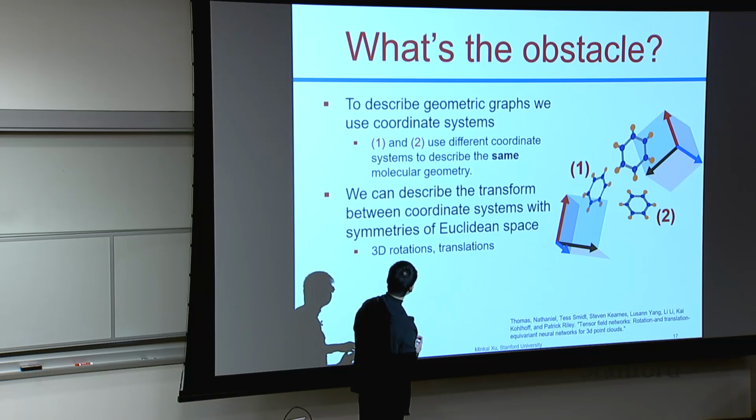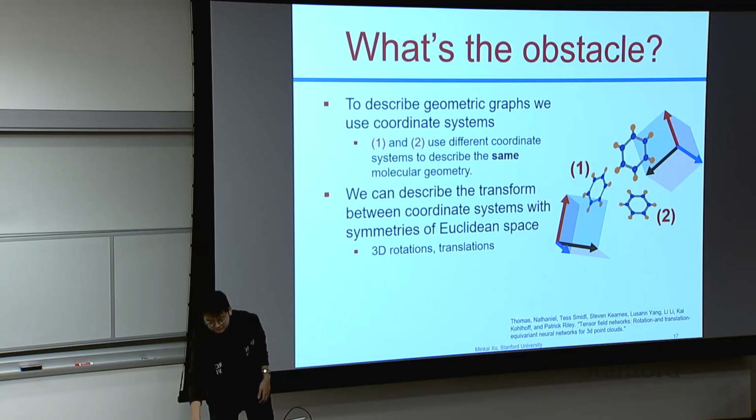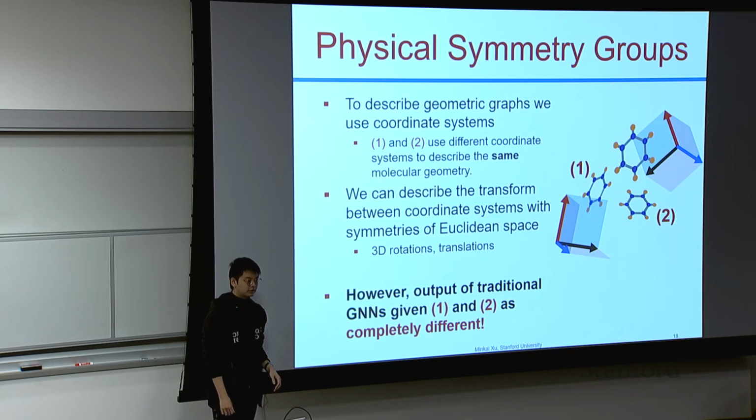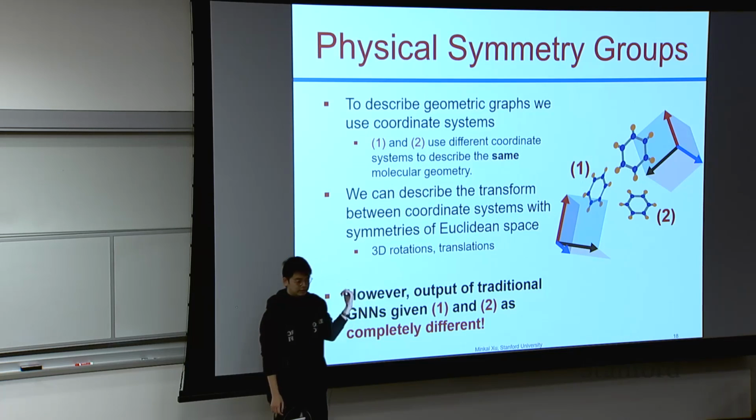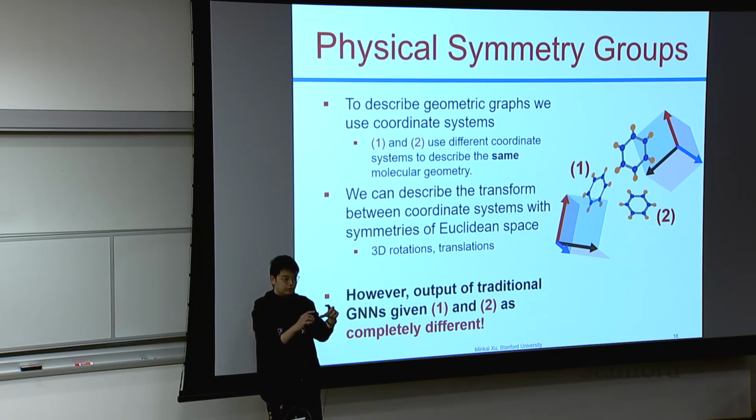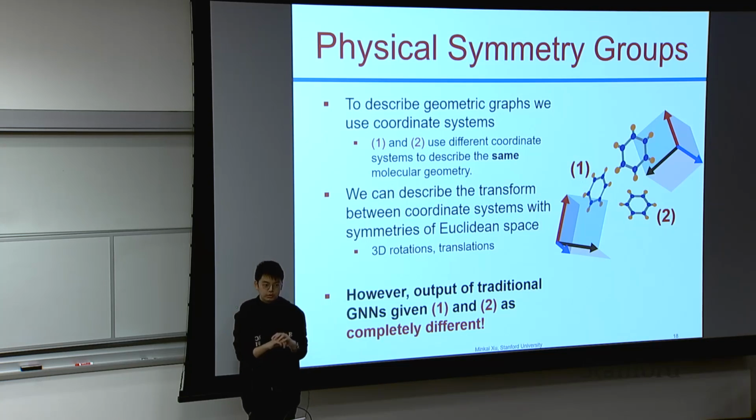However, consider how we use a traditional graph neural network to process our node features. As I introduced before, for the geometric graph, the only additional feature is the n by 3 coordinates.